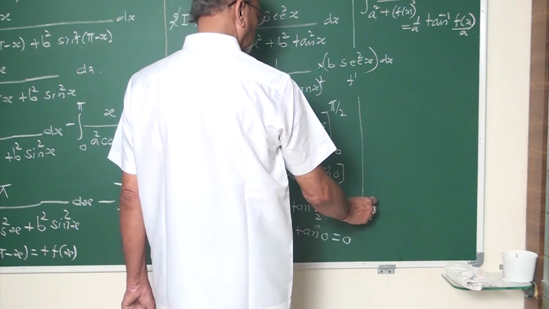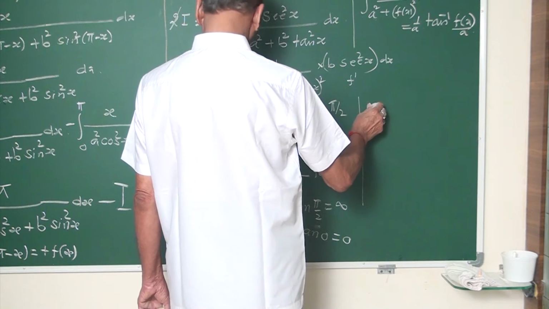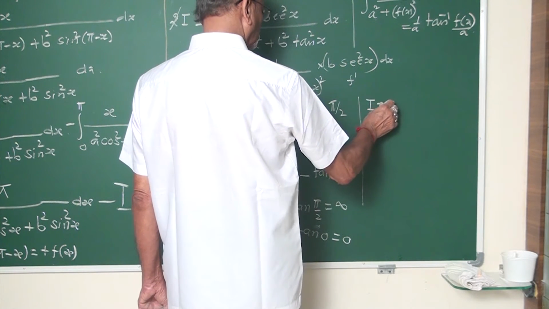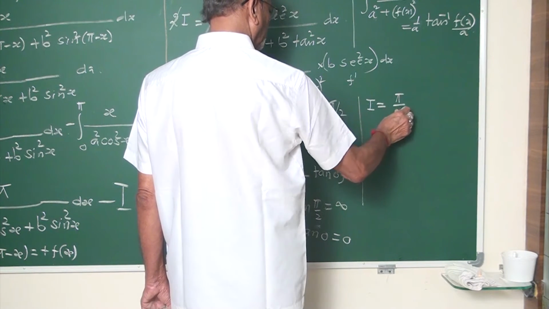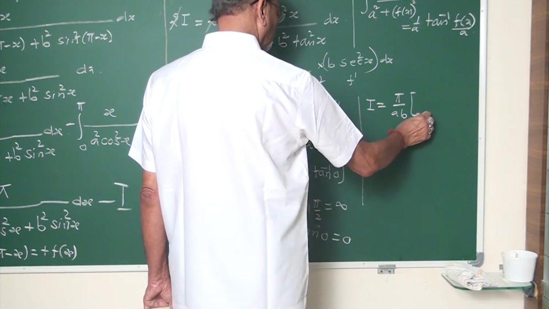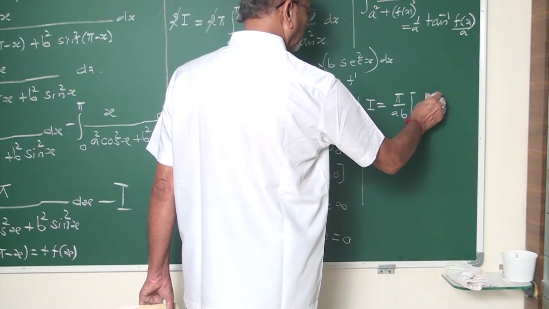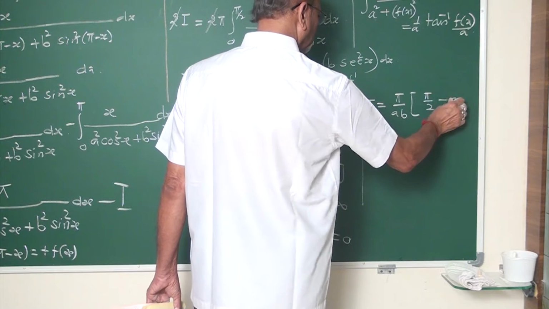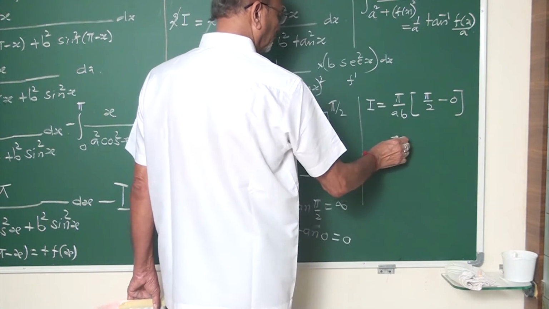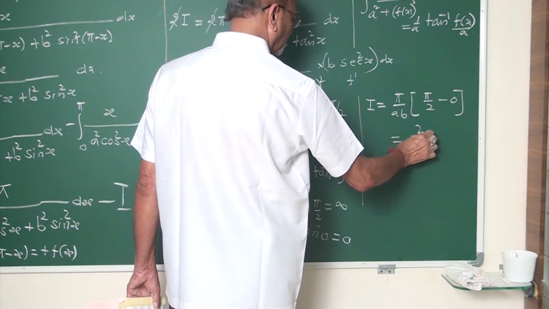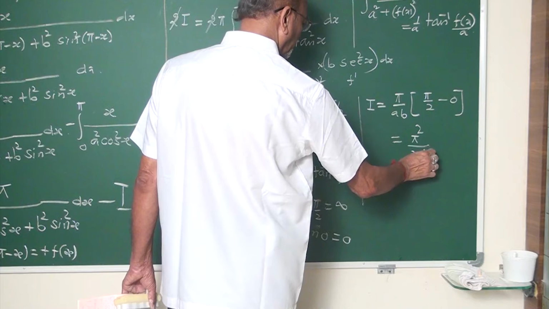This is I equal to pi upon ab into tan inverse infinite is pi by 2 minus tan 0 is 0, which is pi square upon 2ab.